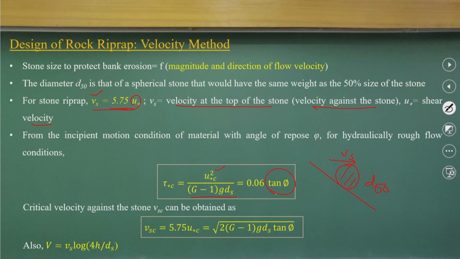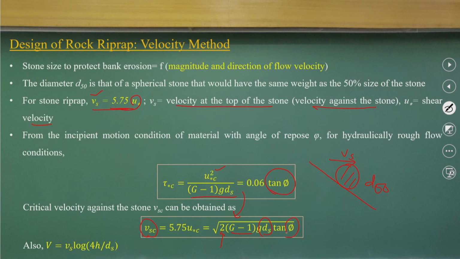So we just substitute that, and you can find out the velocity at the top of the stone riprap in terms of functions of 2g, s minus 1, Ds and tan phi. Just substituting these values, we can understand it.